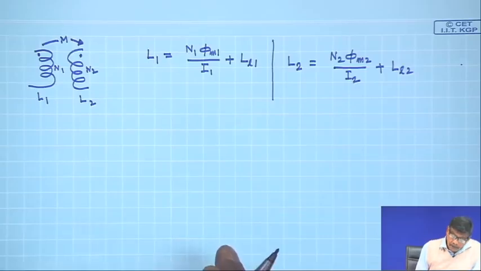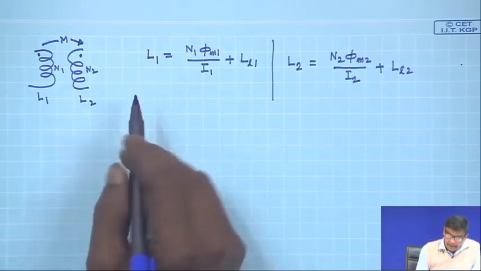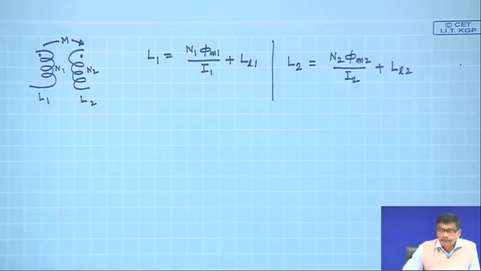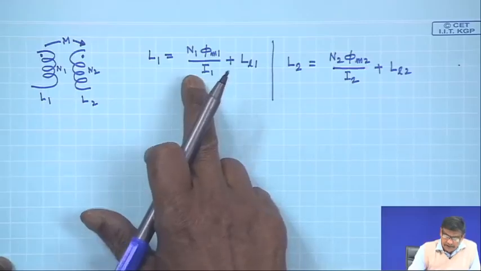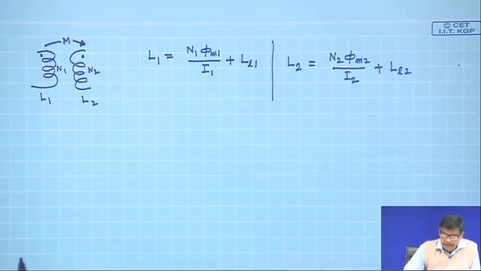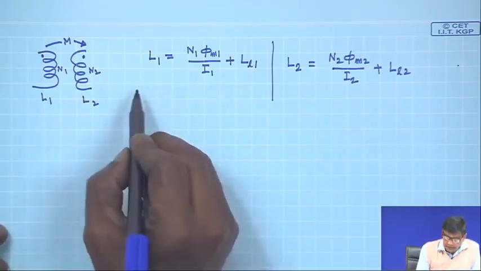Now, this self inductance can be expressed in terms of leakage inductance as well as this term, but this term can be nicely simplified in terms of mutual inductance. How to do it?